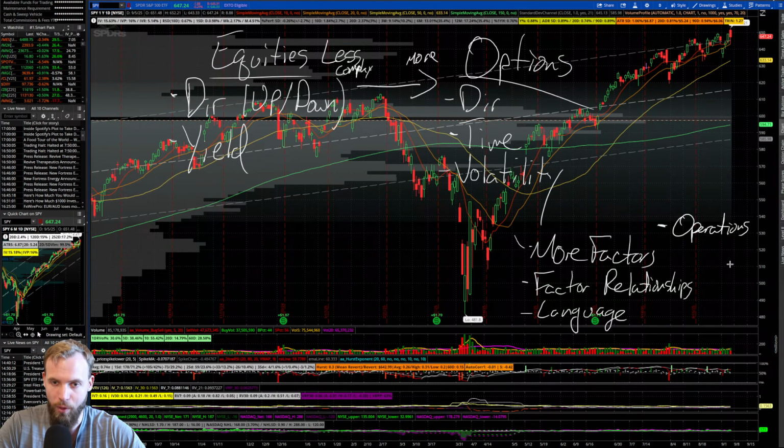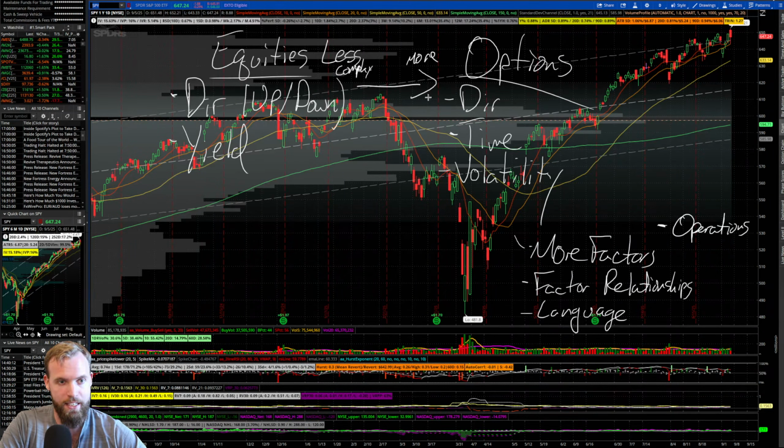When I say operations, I mean the actual movement of options, how exchanges move your orders through their pipeline, how you submit orders, those kinds of things. So we're increasing complexity here. There needs to be a reason why we would accept more complexity.